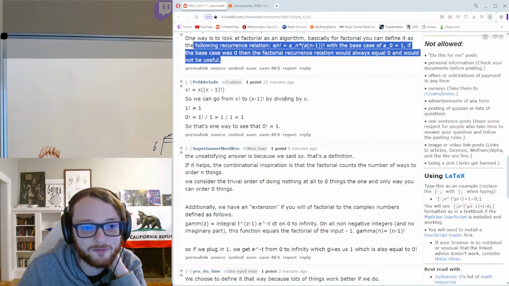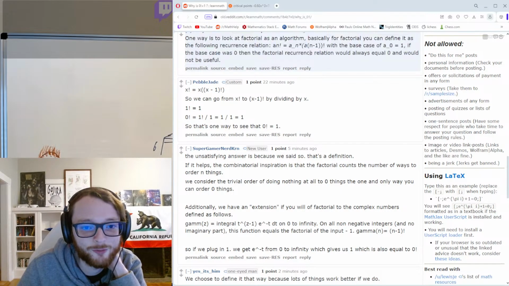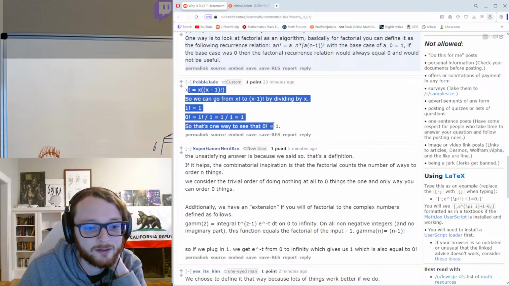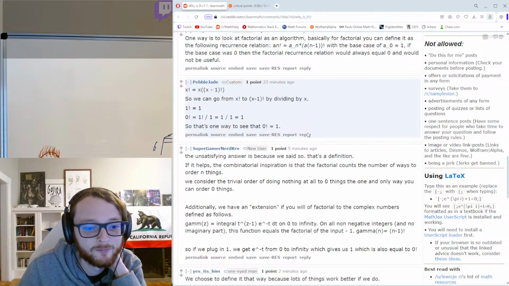Oh, it's a recurrence relation, yeah. Okay, I mean, this explanation works for me too. But I'm much more in line with what this person is saying here for why we define it to be 1.